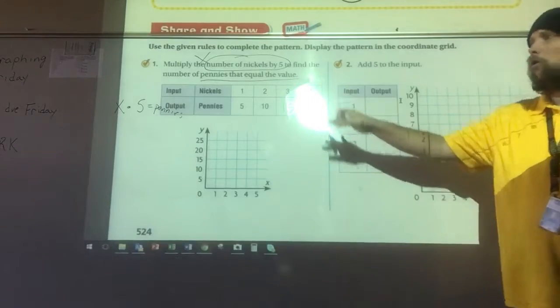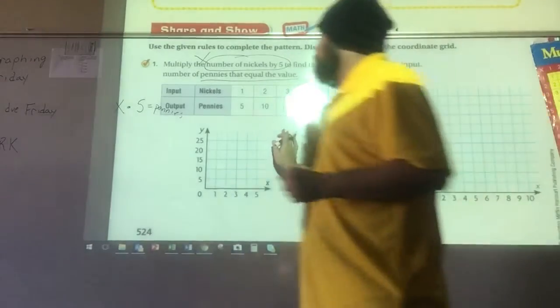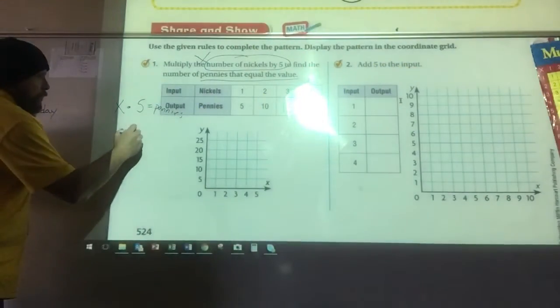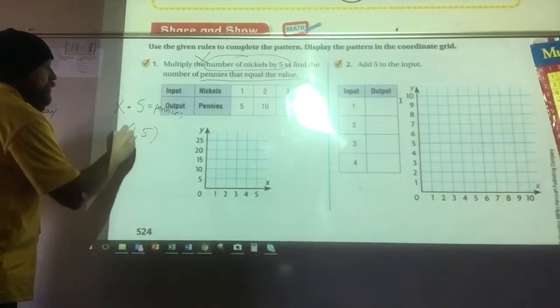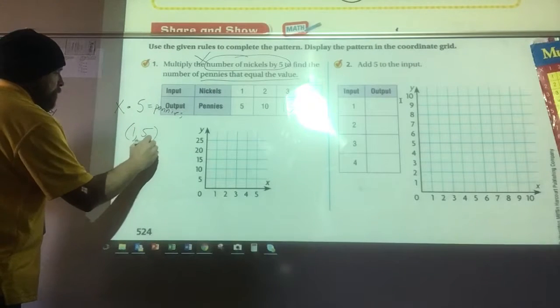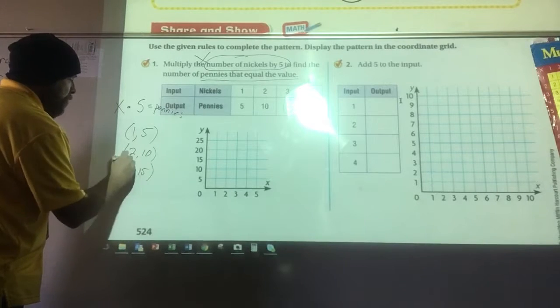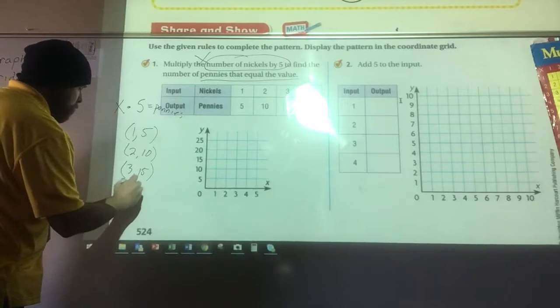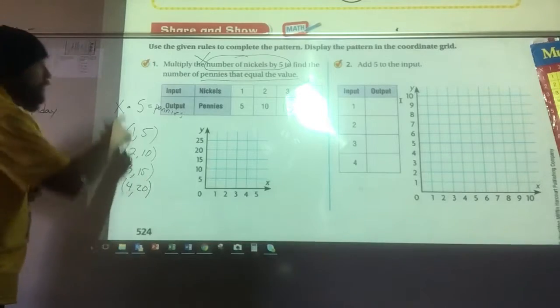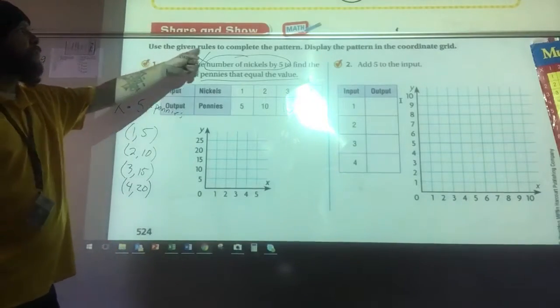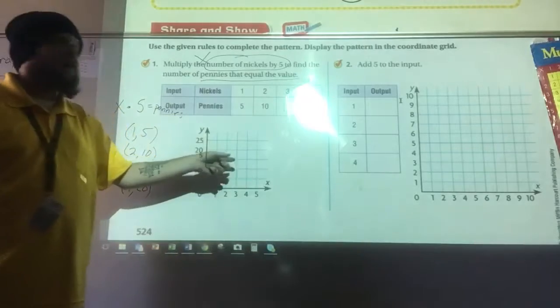Okay, so these are our ordered pairs. Our ordered pairs are going to be 1, 5; 2, 10; 3, 15; and 4, 20. And it says we need to complete the pattern, display it on the coordinate grid.